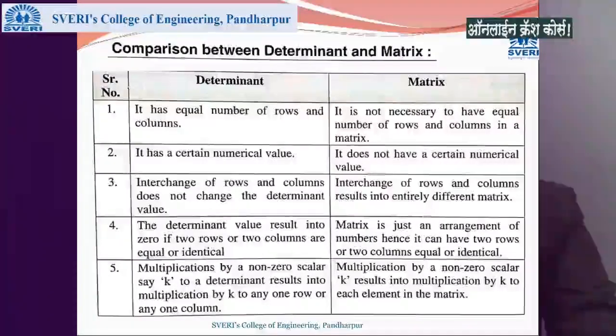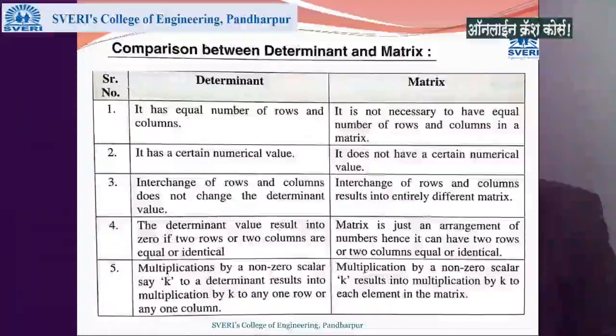Fourth point, the determinant value is 0 if two rows or two columns are equal or identical. A matrix is just an arrangement of numbers, hence it can have two rows or two columns equal or identical.